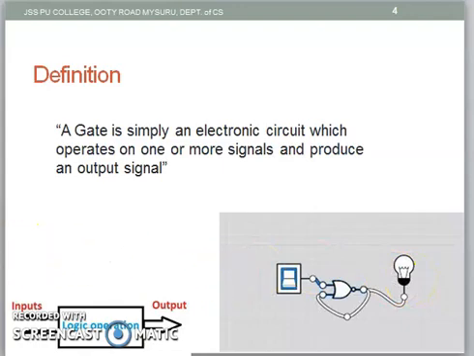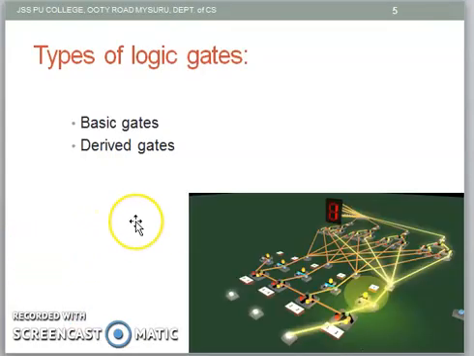Then move on to the types of logic gates. Based on the functionality, logic gates are classified into 2 types: basic gates and derived gates. Gates used to perform fundamental operations are called basic gates. Some gates used to perform specific operations, constructed using the fundamental gates, are treated as derived gates.